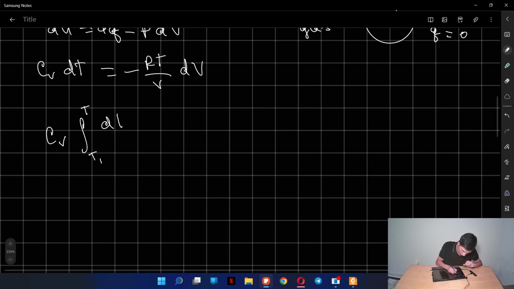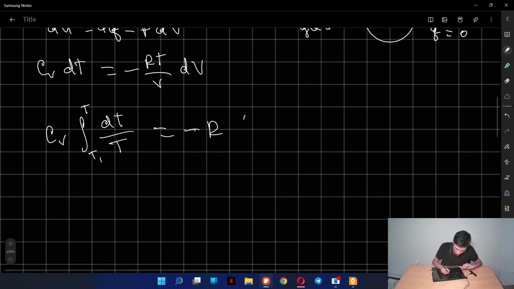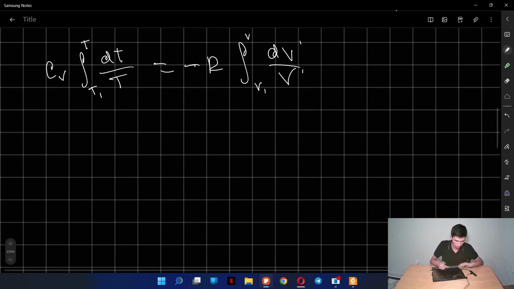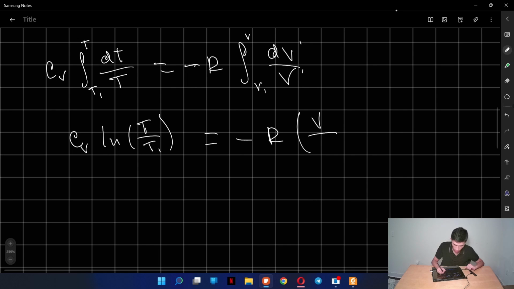Before taking the integral, I realize I could have divided both sides by the temperature, so this becomes negative R dV over V. When I take the integral, the left side becomes CV ln of T over T initial, and the right side becomes negative R ln of V over V initial. This is what we get from the integration of our equation.